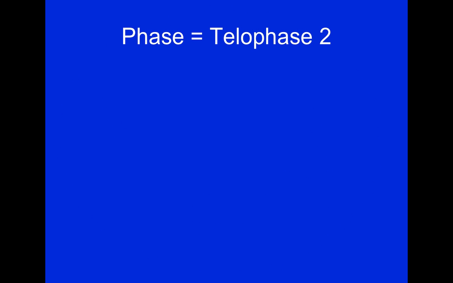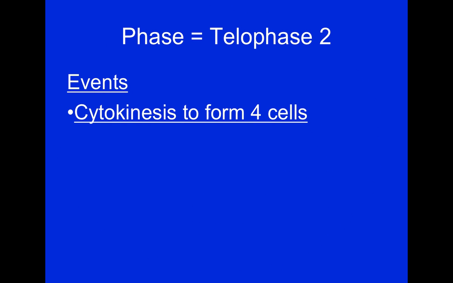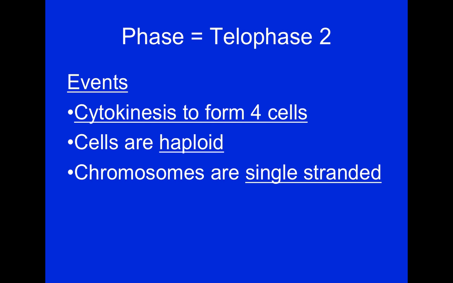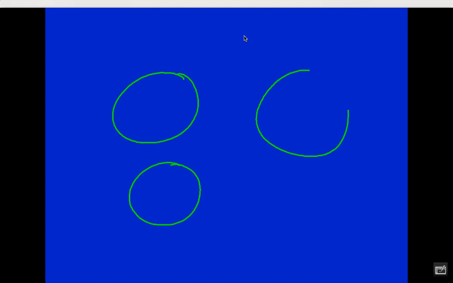In telophase 2, we get cytokinesis of both cells, so now we get 4 cells. The cells are haploid, and the chromosomes are single-stranded. So this is what we would see happening. We've got our 4 cells.